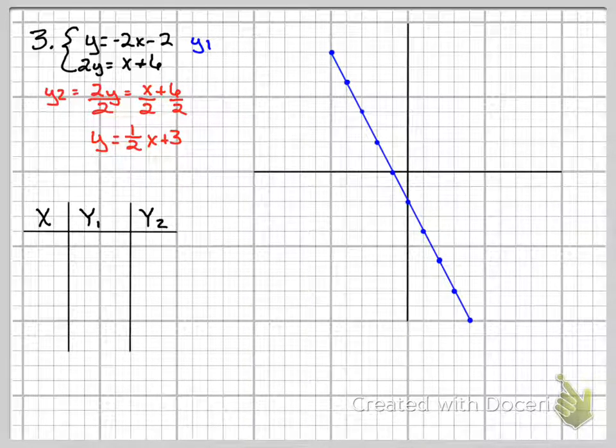And we had a slope of -2, so we went down 2 and to the right 1, did that a few times, came back, did it in the other direction, up 2 and to the left 1, and did that for several. Okay, my next equation starts at 3, and that was a 1/2 slope, so that was up 1, to the right 2 for several, and then down 1 to the left 2 for several. Gave us our red line.